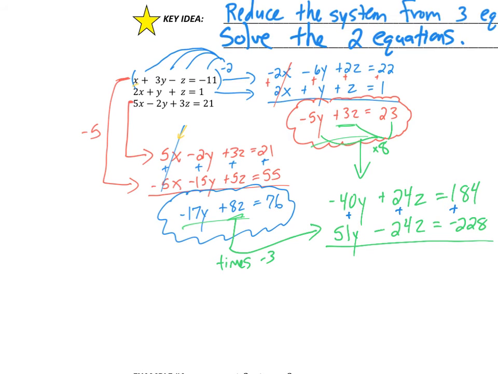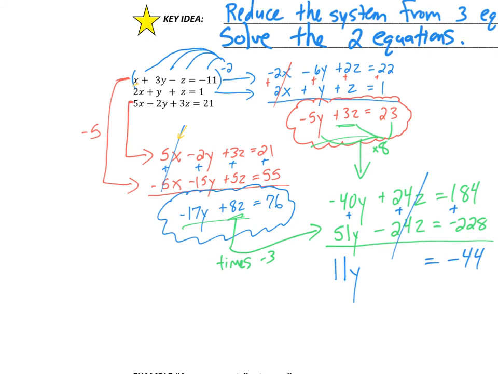So -40 plus 51 is +11y. The z's cancel. 184 plus -228. I'm actually using my calculator to make sure I do this right. So 184 plus -228 is -44.